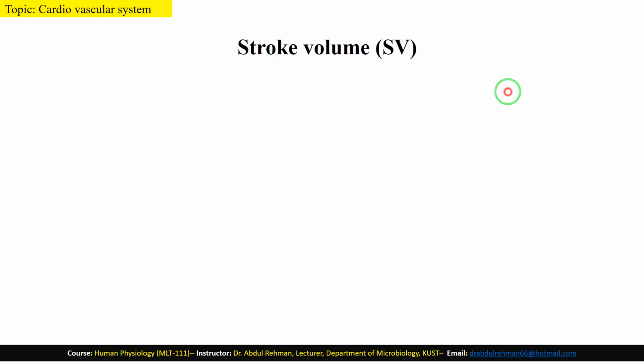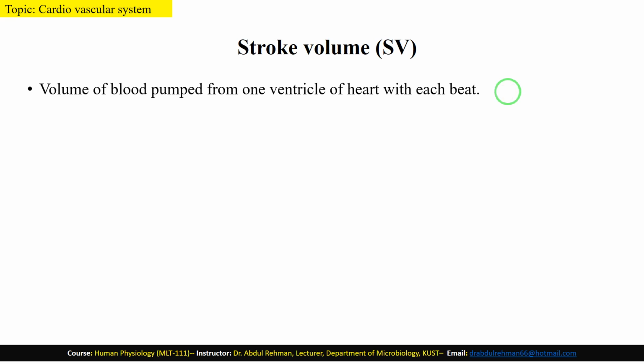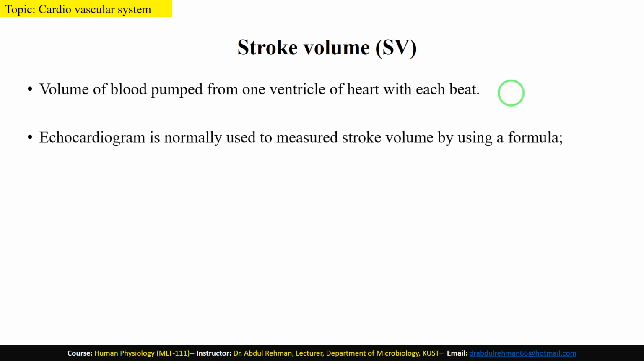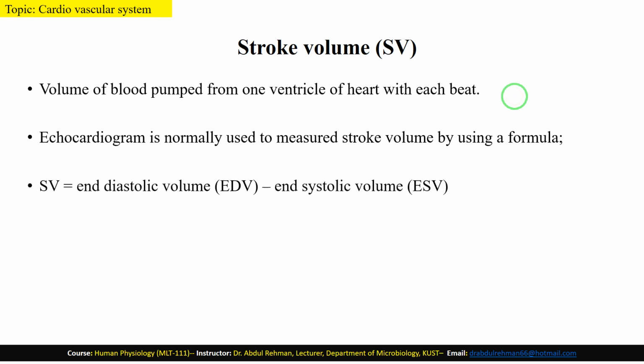After this, stroke volume. Stroke volume is the amount of blood that is pumped from one ventricle of the heart with each beat. And echocardiogram is normally used to measure stroke volume by using a formula: stroke volume is equal to end diastolic volume minus end systolic volume.